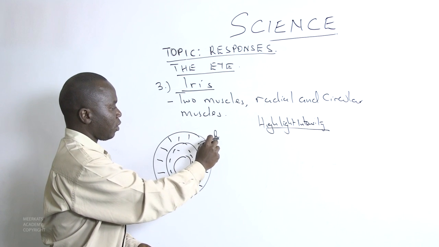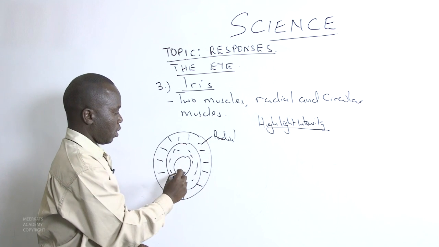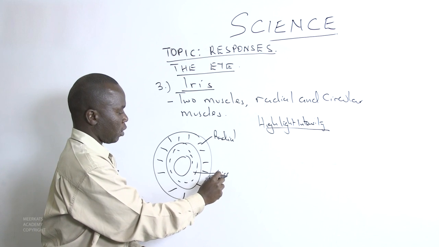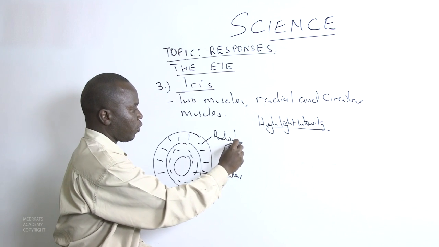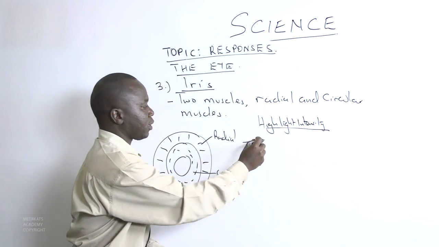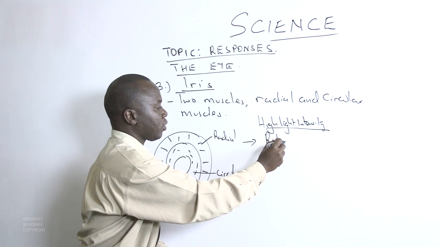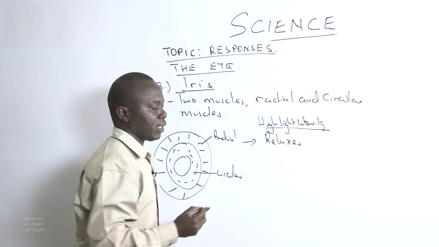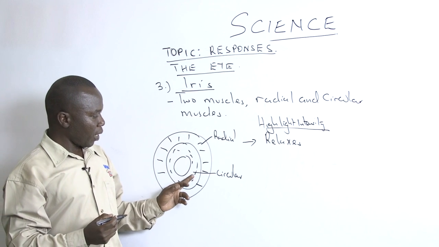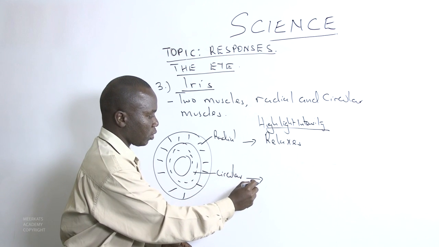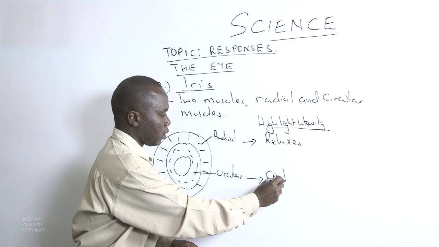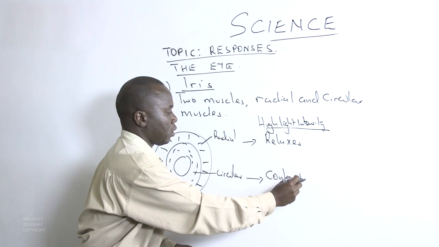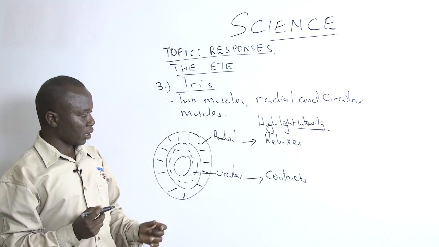We have radial and circular. For radial, it's going to relax, while circular muscles contract.